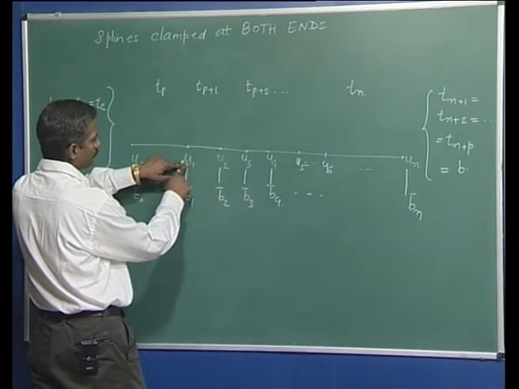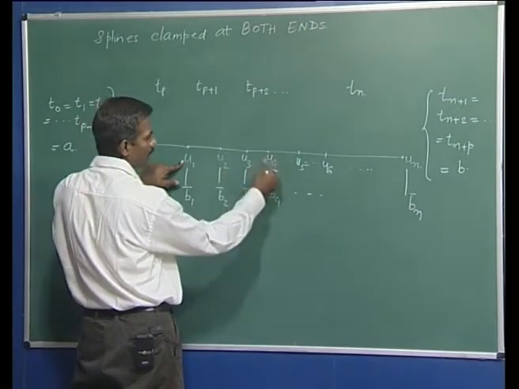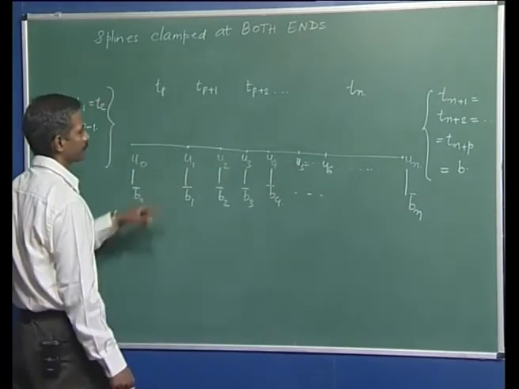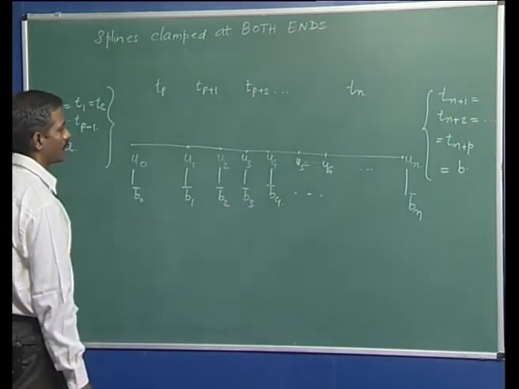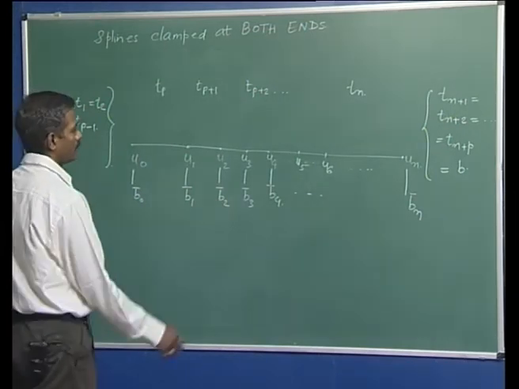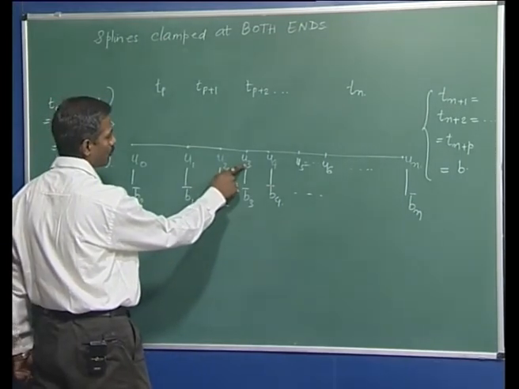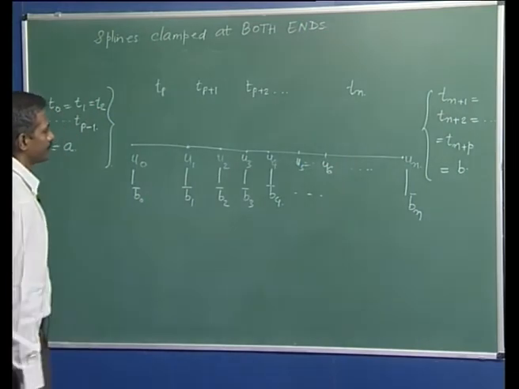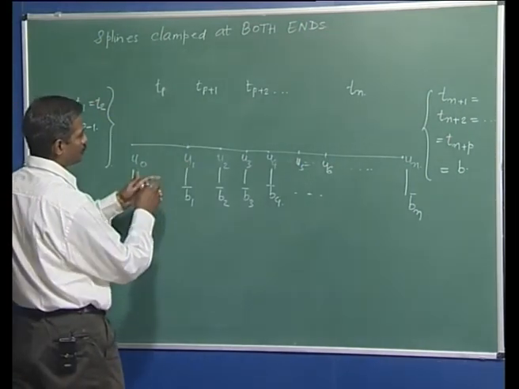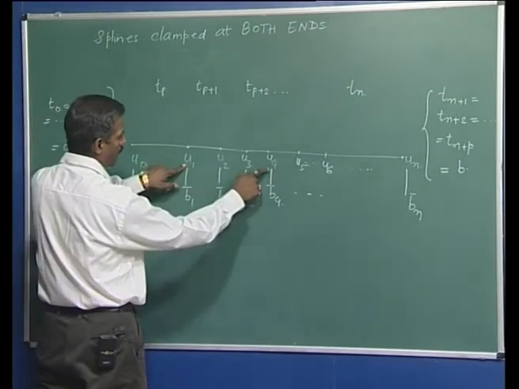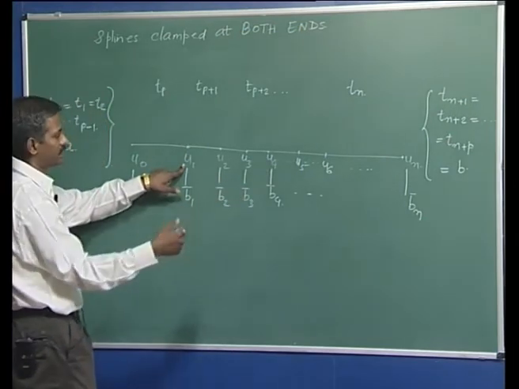So I'll have to choose u1, u2, u3 up till u p minus 1. So if p is 4, the last parameter value that I choose will be u of 3. Anyhow, the idea is to choose p minus 1 of these parameter values and average them out.